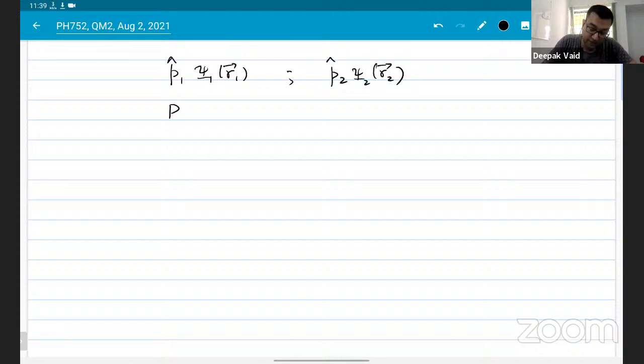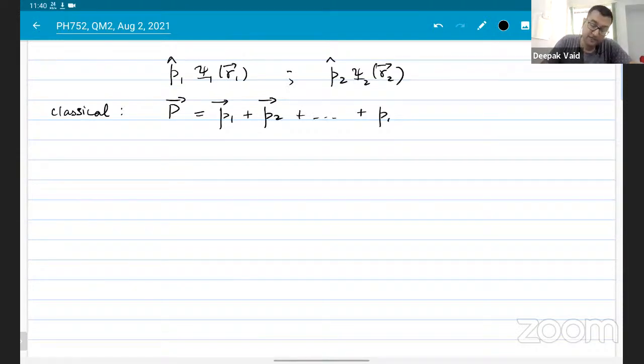So how will I write down the operator P? So for the classical case, when I'm just describing particles with classical momenta, this is how I write the total momentum, right? I just write it as a vector sum of these n objects, right?